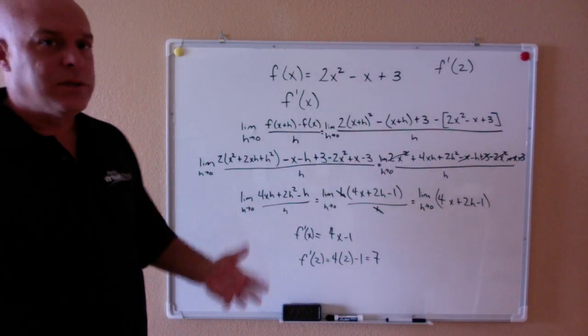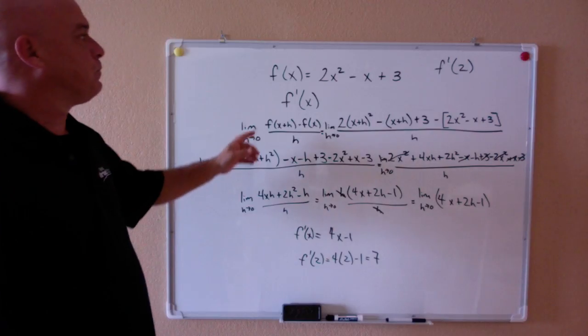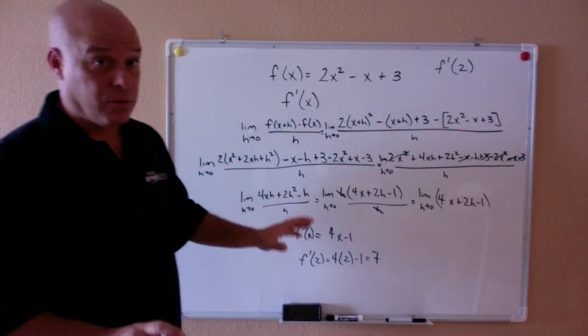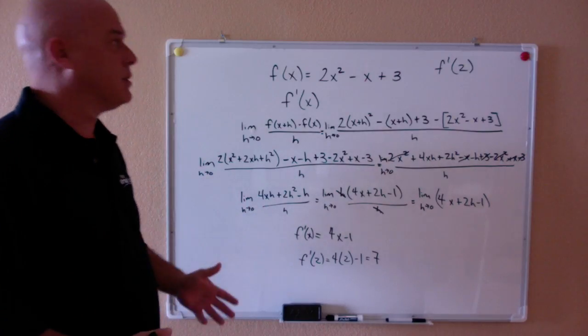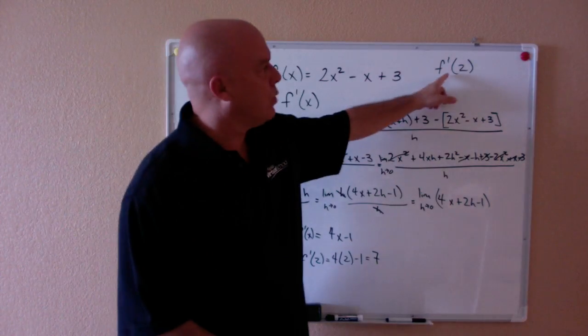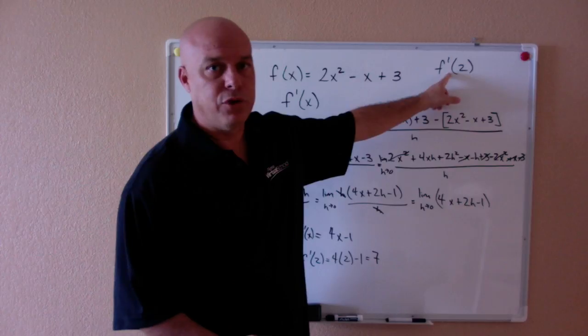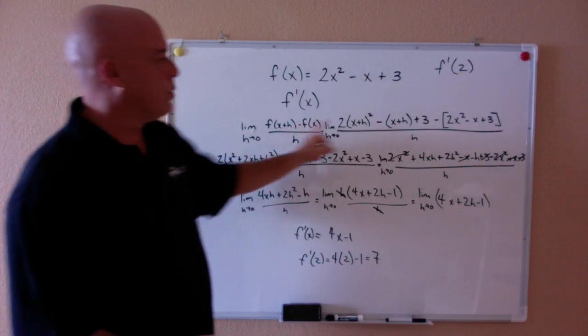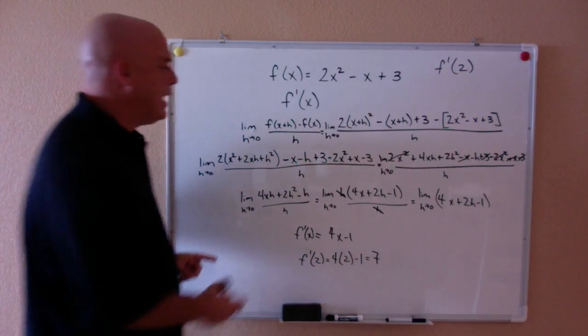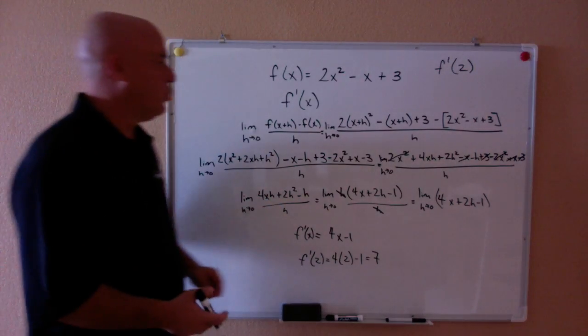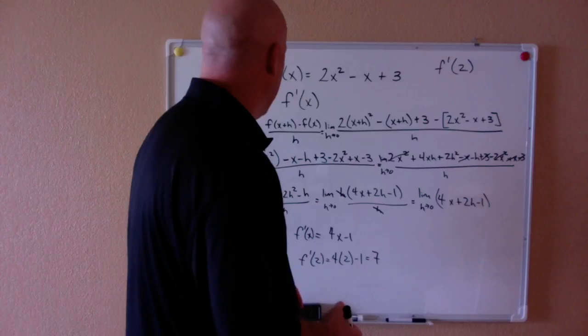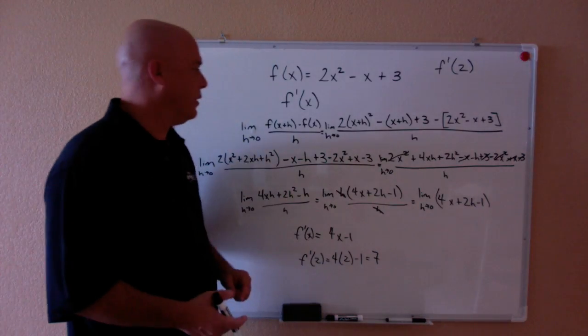Now, there is another way to do this. I don't think it's going to be any easier as far as the algebra goes. It's still kind of the same process. But if you know you're going to have to evaluate f prime of 2, rather than going through with all of these x's here, you can replace all of the x's with a 2 there, and go from there.